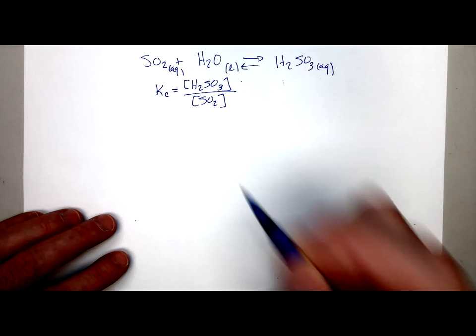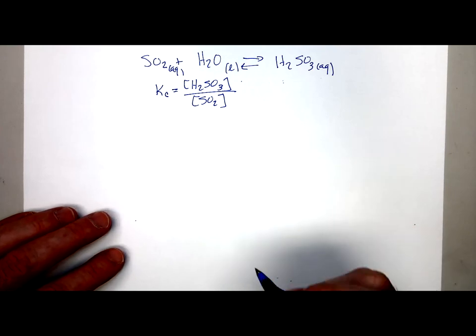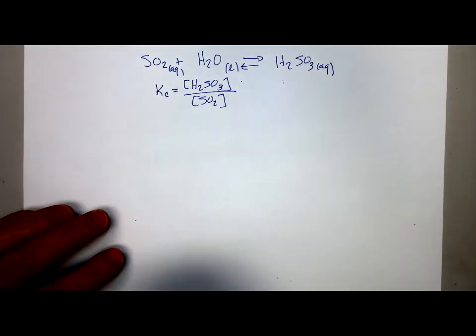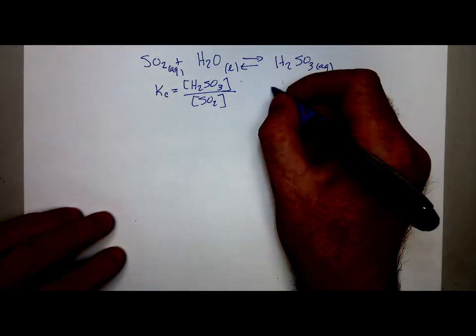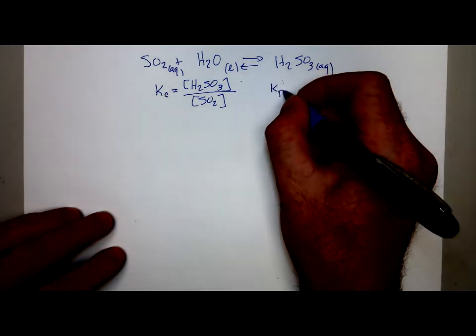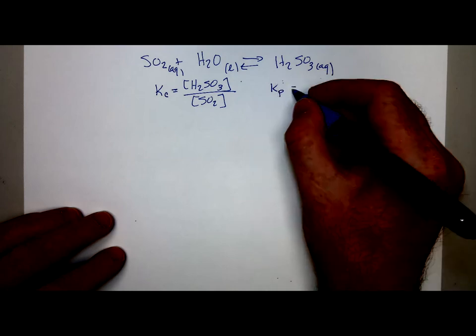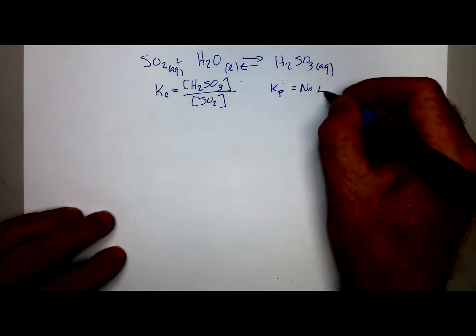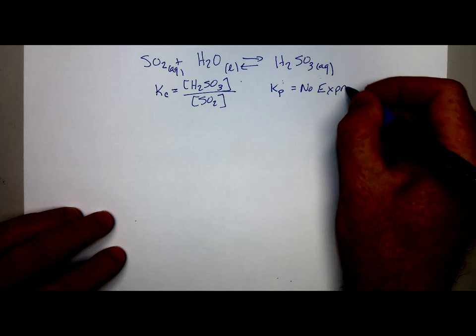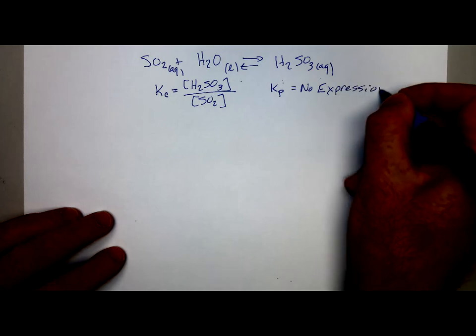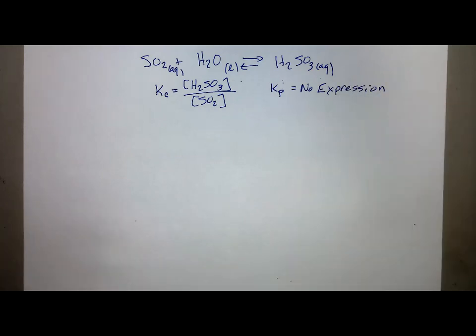We leave the water out. This will be important as we go forward into the next chapter talking about acid-base equilibrium. For Kp, you're going to have trouble writing an expression, so there's no expression you can write. The reason you can't write an expression is there are no gases, and Kp is only based on gas phase substances. And so only gas phase substances will show in a Kp.